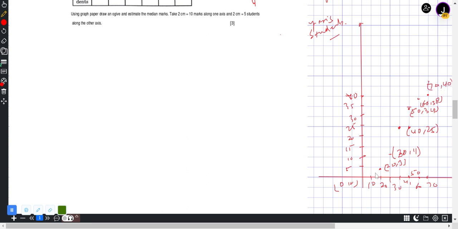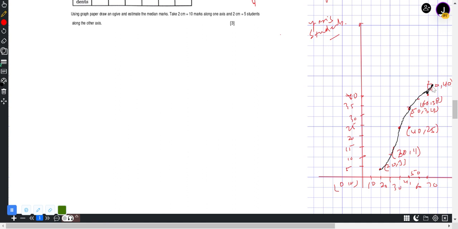Now we'll connect these dots. 10 was not there; 20 was there with 3. I'll use another color to make it look brighter. This is how your Ogive will run.